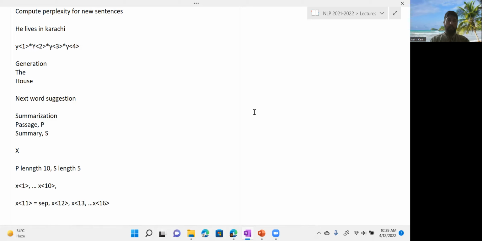So most of NLP is like this nowadays. So this was an application in summarization, and there could be other applications as well. And we'll come back to summarization again later on.